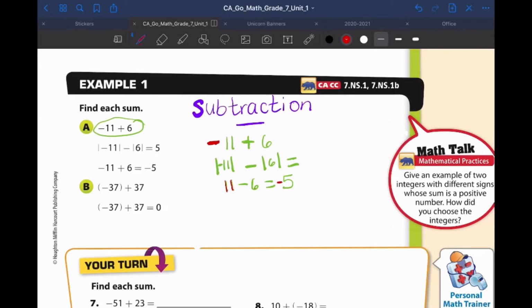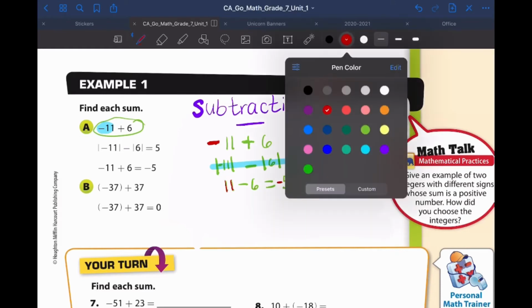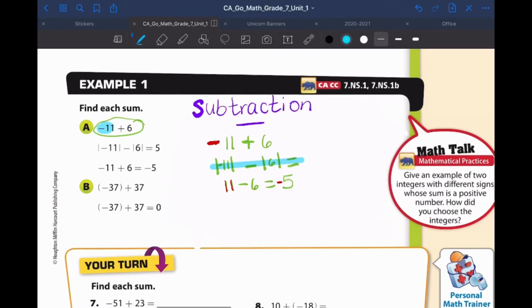Keep in mind, though, that negative 11 has a lesser value than positive 6. But in this example, we are talking about the absolute value.